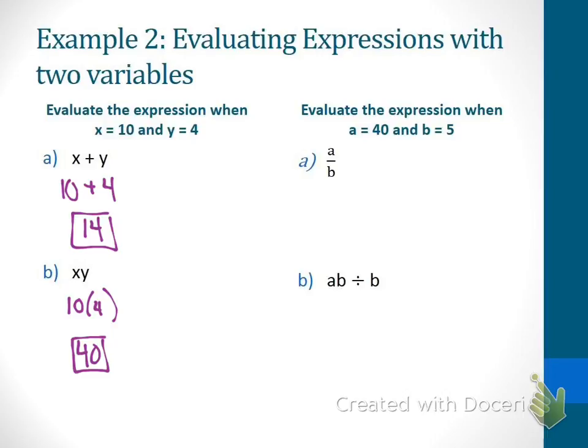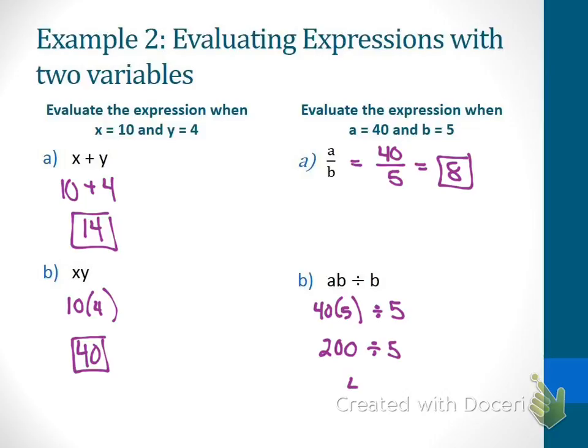Let's come over here to a over b. So substitute 40 divided by 5, and what's 40 divided by 5? 8. Now this last one was a little trickier. 40 times 5 divided by 5, so I have to multiply first. 200 divided by 5 is 40.